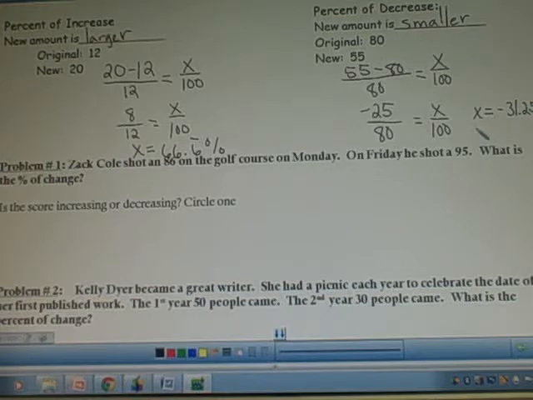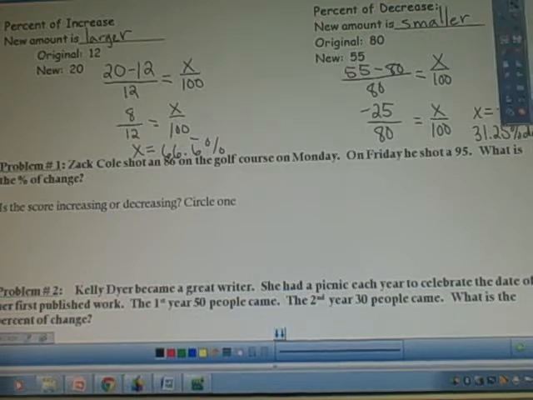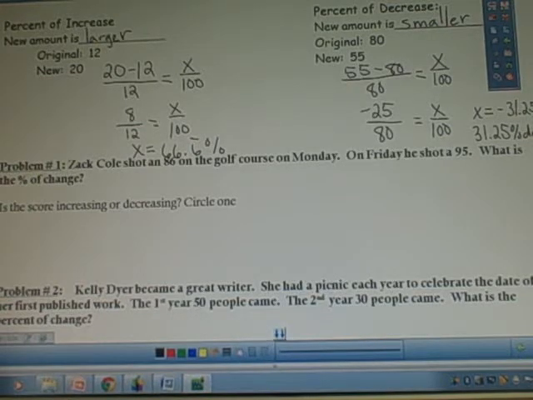So sometimes we'll say a 31.25% decrease, and that means the same thing as negative 31.25%. Very commonly on the news, you'll see negative percents according to the stock market. They'll use negative percents to show that the value of a stock goes down.